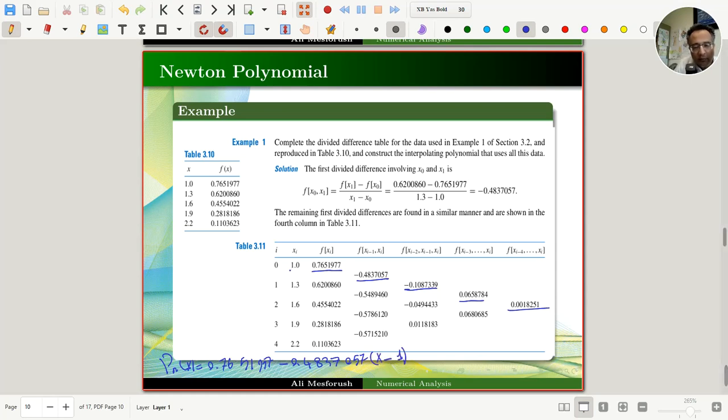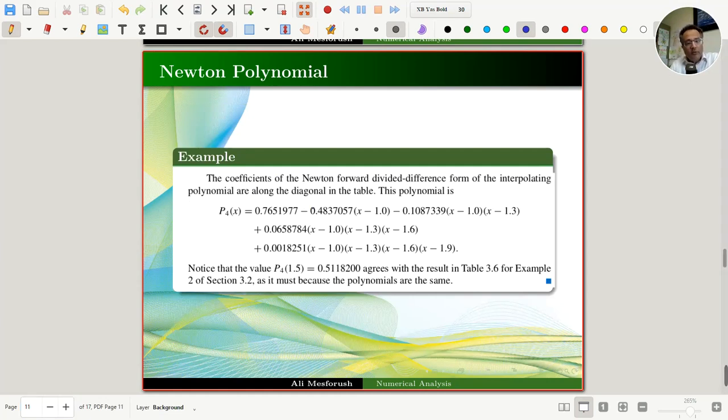This is x0, okay? And we can continue in the same way, and I use the header of each column as the coefficient of the terms that have some multiplication of monomials. Now, you can write exactly like this.